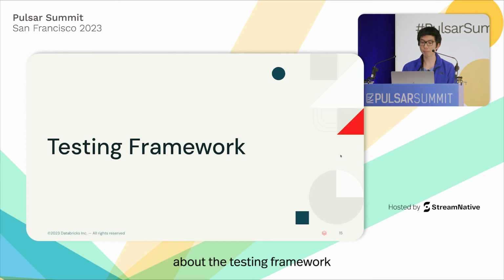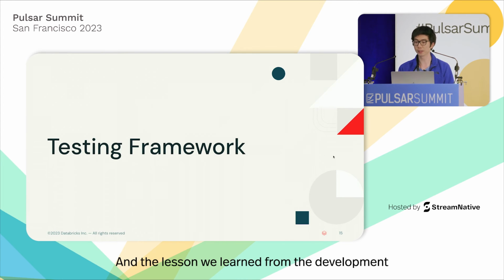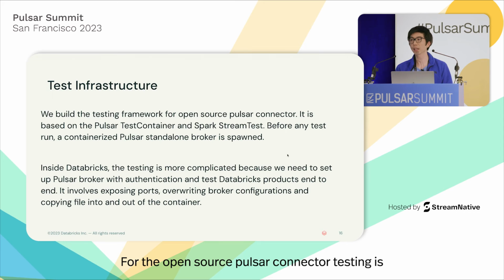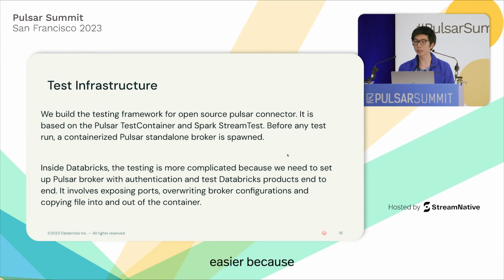I would also like to talk about the testing framework that we built both in open source and inside Databricks, and the lessons we learned from the development and debugging. We built a testing framework in Databricks and also in the open source repo. For the open source Pulsar connector, testing is easier because it is just testing vanilla open source Spark against a standalone Pulsar cluster.